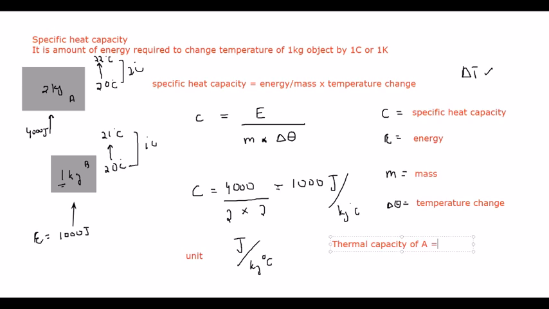Thermal capacity is energy divided by temperature change. So energy is 1000, temperature change is 1. So thermal capacity is 1000 joule per degree centigrade. For A, it's 1000. What about B?